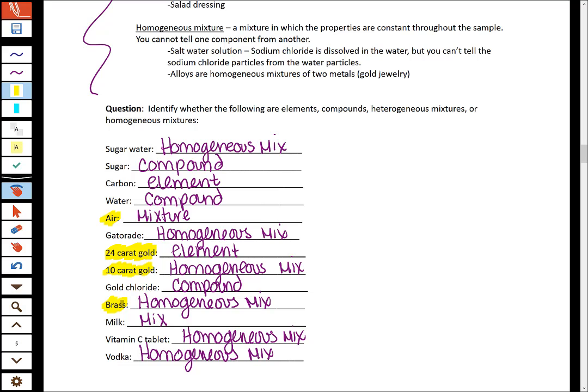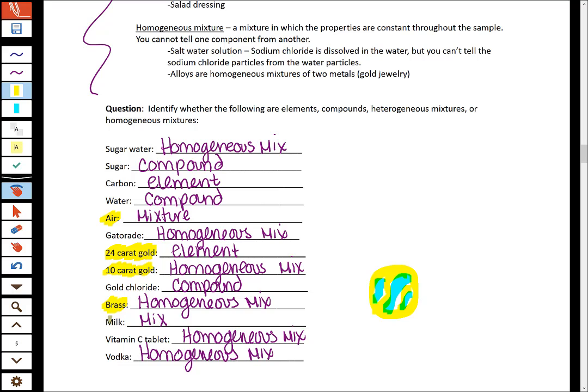But brass is an alloy. It's a mixture of two metals. How do I know it's a homogeneous mixture? Well, when I look at a door handle, I don't see swirls of one metal and then swirls of the other metal through my door handle. It all looks like one component. And so that's how I know it's a homogeneous mixture.